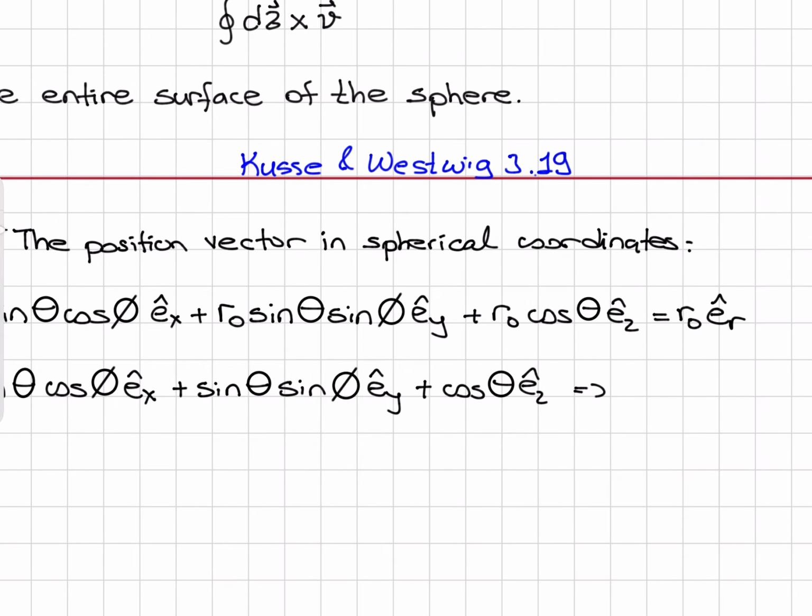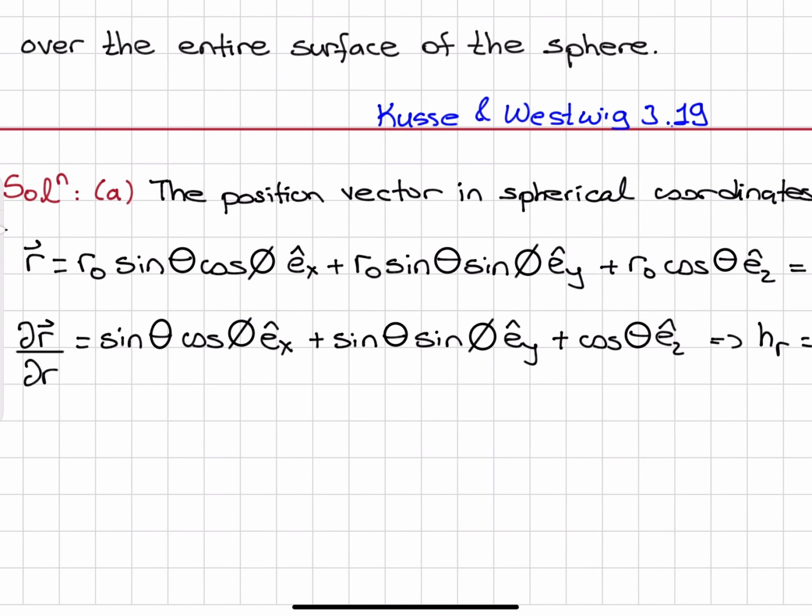Therefore, the scale factor h sub r is equal to 1. So this is the unit vector er hat. Let me rewrite it here: er hat, the radial unit vector, is this vector.